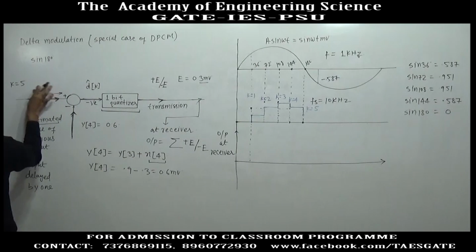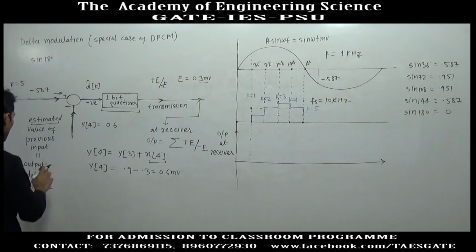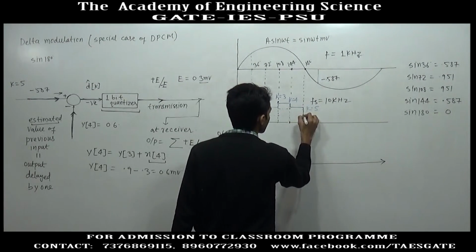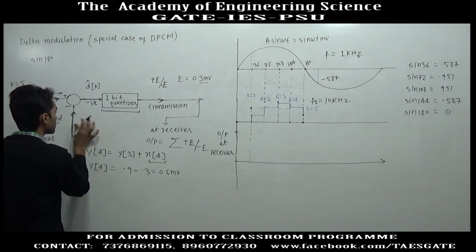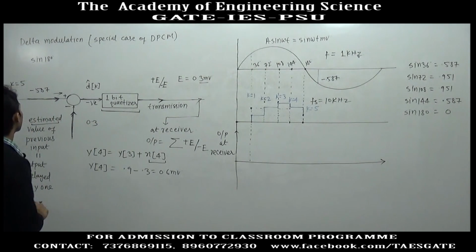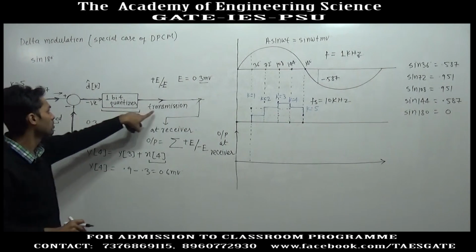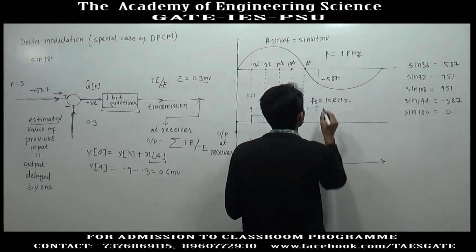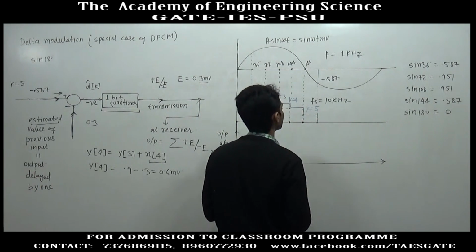So, here we will have minus 0.587 and the output delayed by the previous output, this is 0.3. So, minus 0.587 minus 0.3 will be negative. So, the output of the quantizer will be minus 0.3 millivolt. So, at the next instant we will again subtract 0.3 millivolt from the output.